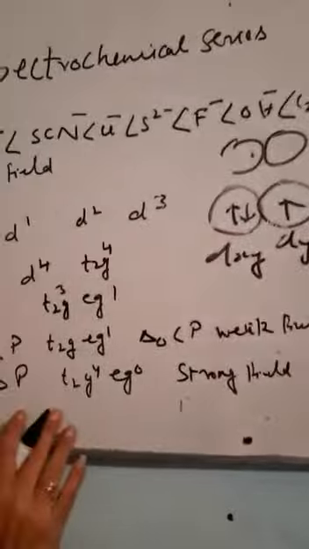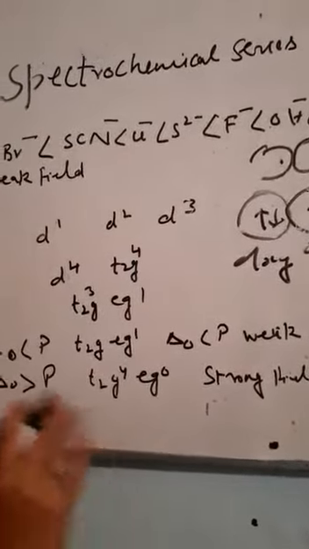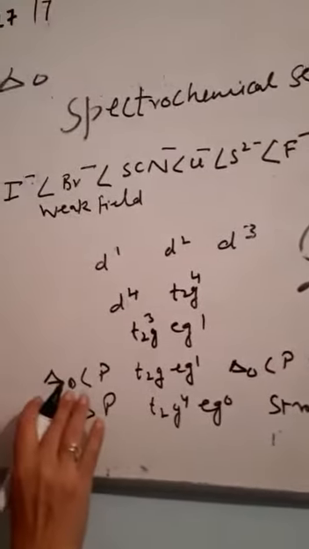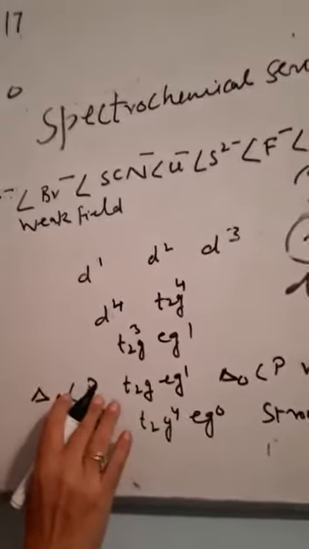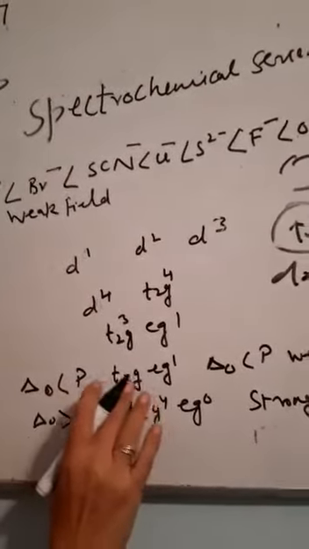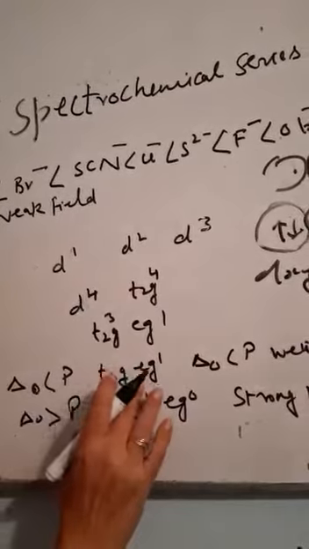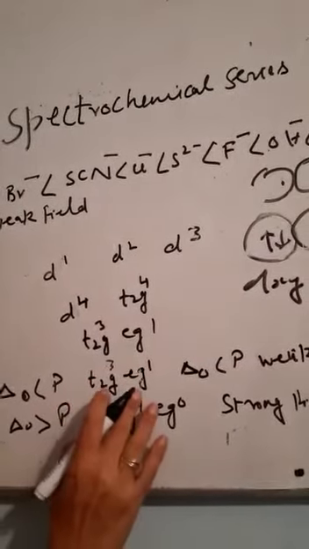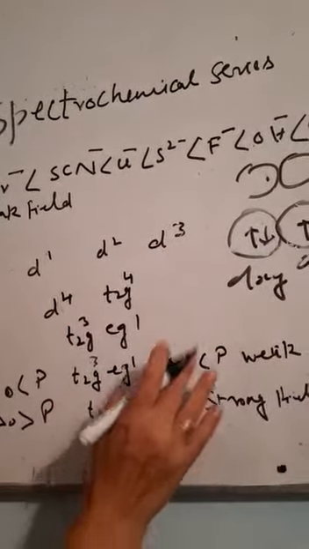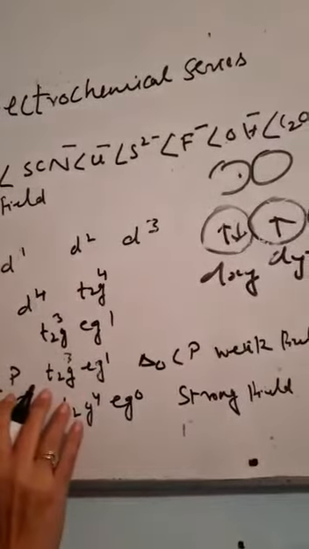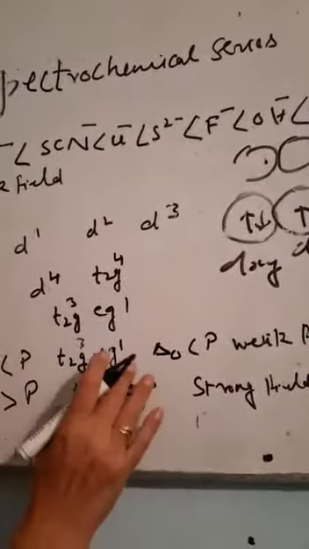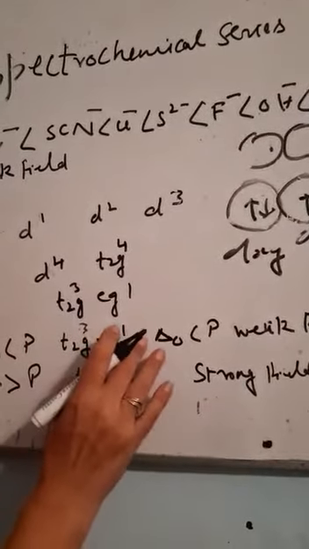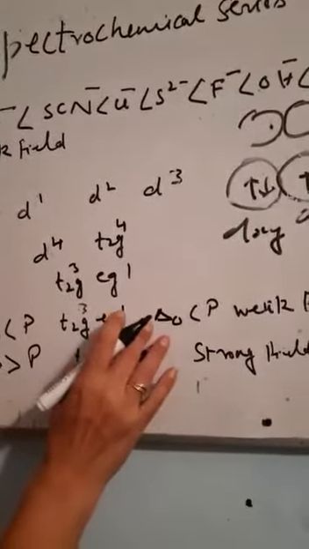Now, there are again two options. If delta octahedral is less than P, the electrons will be occupied like this, t2g3 and eg1. In t2g there will be 3 electrons and there will be 1 electron in the eg orbital.